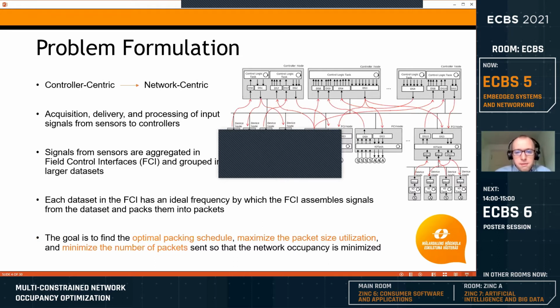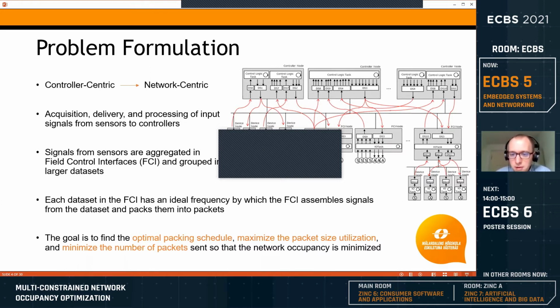Regarding the problem formulation, this problem is motivated by the move from classic controller-centric to network-centric systems. Here in the picture on the right, we have one network-centric system. It consists of input devices, which are sensors.